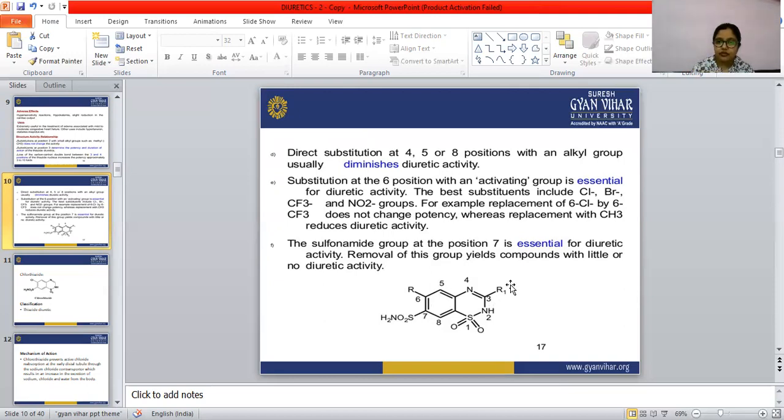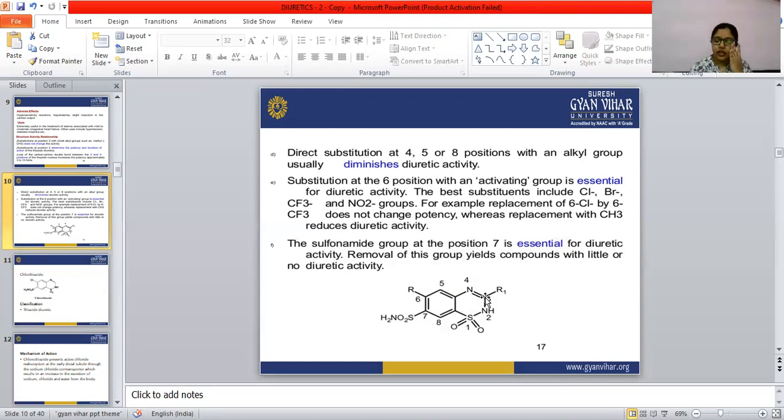If you are removing this double bond, that increases the potency of the drug up to 10 folds more. So hydrochlorothiazide is more potent than chlorothiazide, because in hydrochlorothiazide there is no double bond between the 3rd and 4th position, but in chlorothiazide there is a double bond between the 3rd and the 4th position.